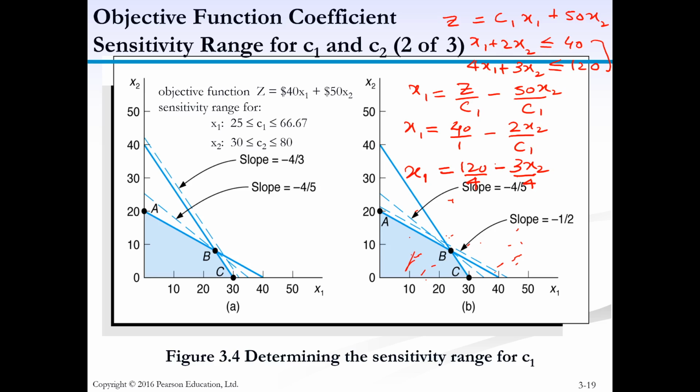Now if the objective function has the same slope as one of the constraints, we can establish the range.